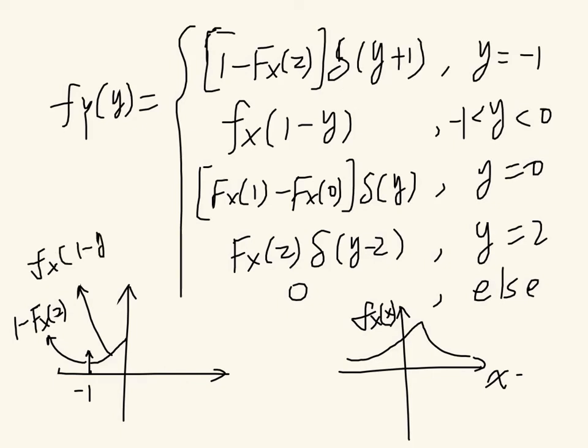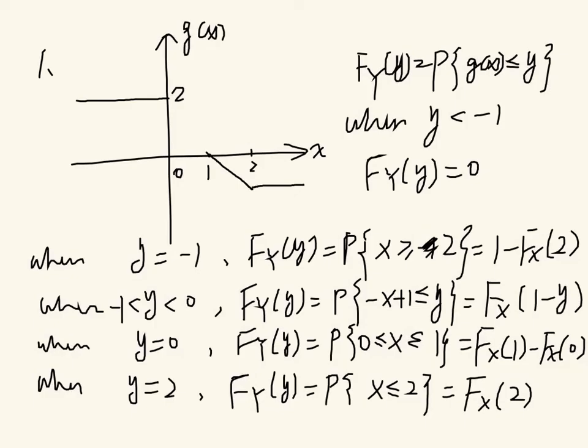And when y is equal to 0, it should be an impulse where the value is equal to F_X(1) minus F_X(0). And when y is equal to 2, also an impulse, where the value is equal to F_X(2).